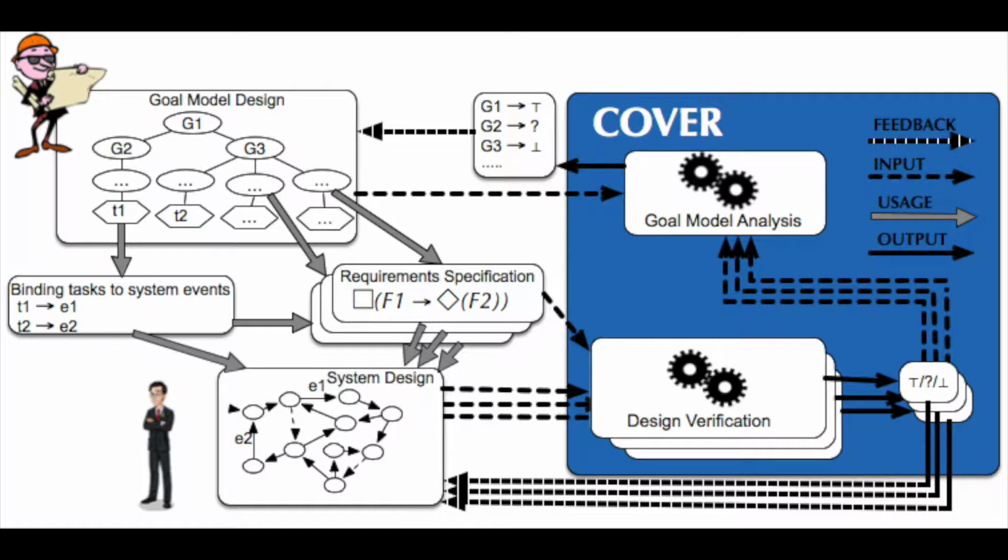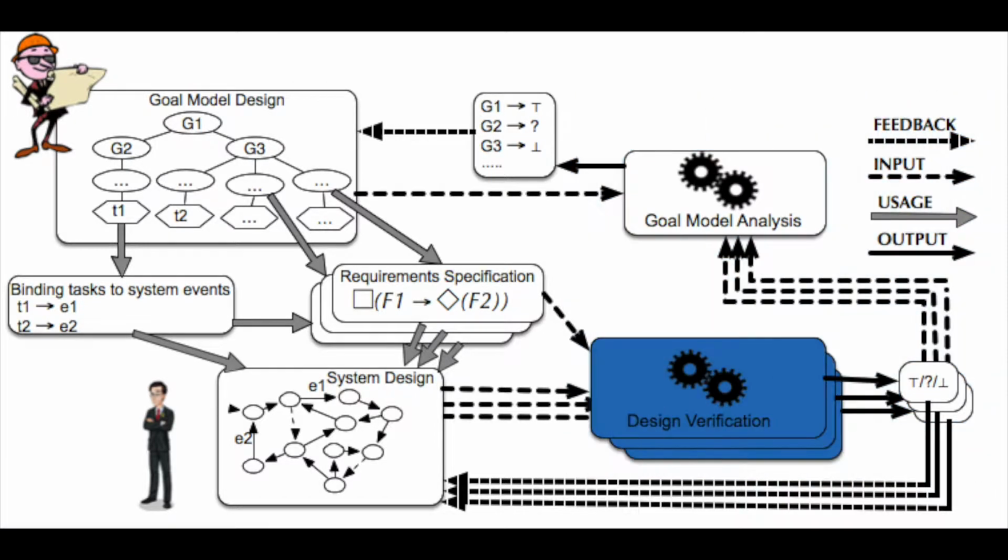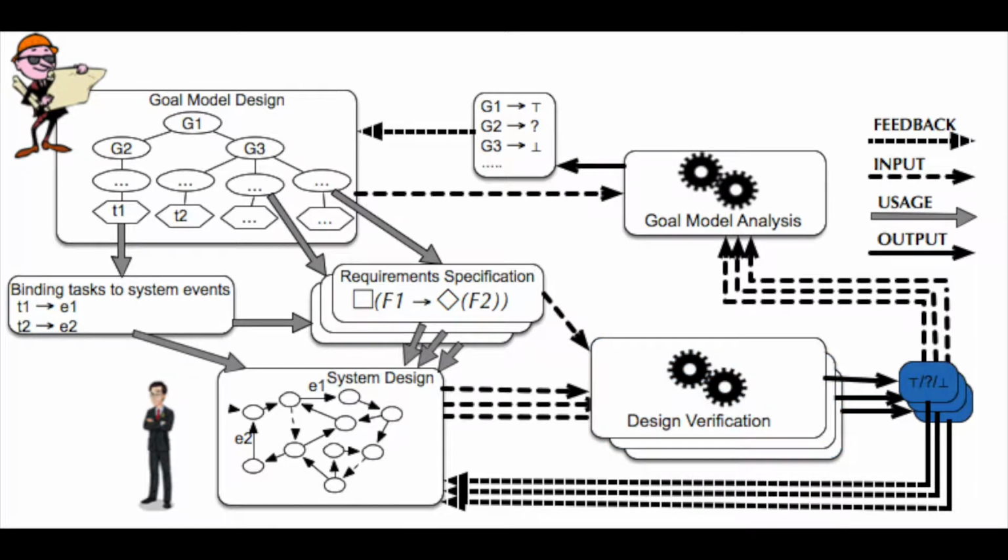It provides a unified framework that allows the verification of incomplete models and the interpretation of the obtained results over the original goal model. Specifically, the requirements of interest are verified over the incomplete and partially specified design.